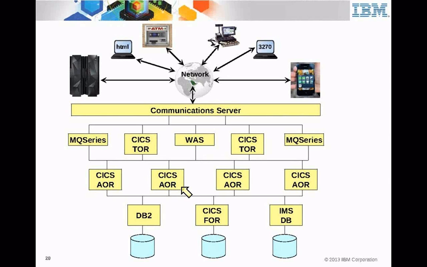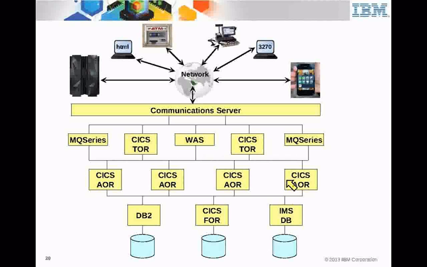But then, if I need data, the CICS application owning region might talk to a CICS file owning region. This CICS file owning region's got a bunch of, say, VSAM data sets attached to it. A CICS application owning region could potentially talk to an IMS-DB. A CICS application could potentially talk to a DB2.